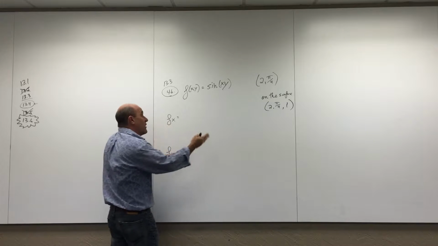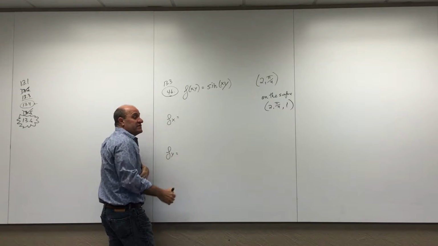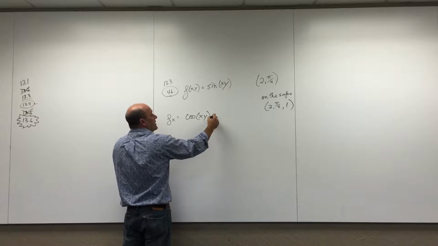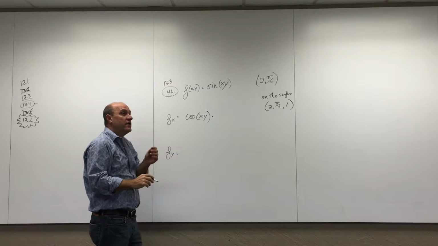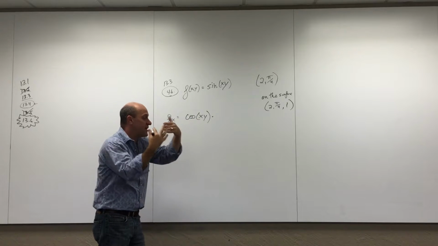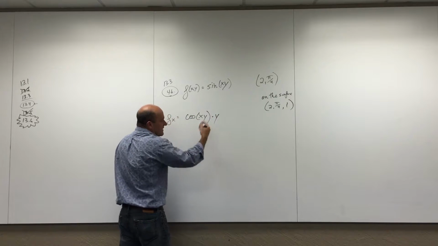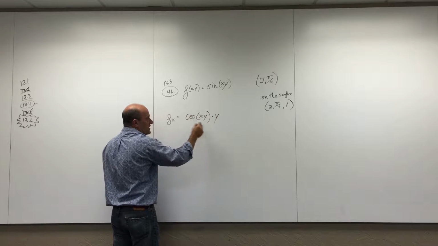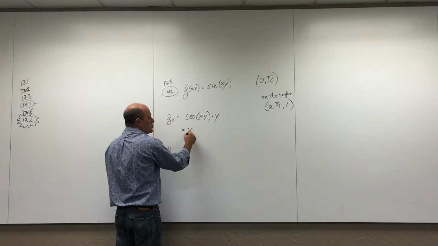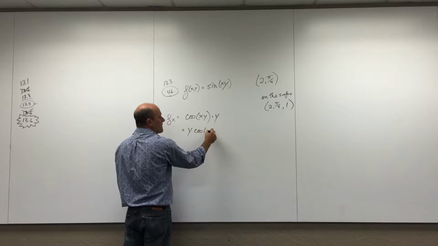First off, I run into a sine function. The derivative of a sine function is a cosine of xy, and then the chain rule spits out the derivative of xy with respect to x, which is y. It might be better written out front because it's not part of this angle here. So maybe it's better written as y cosine xy.